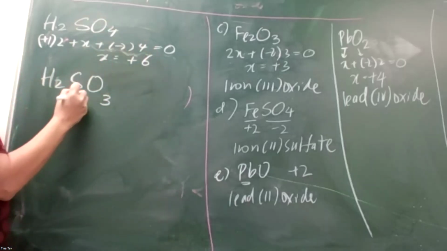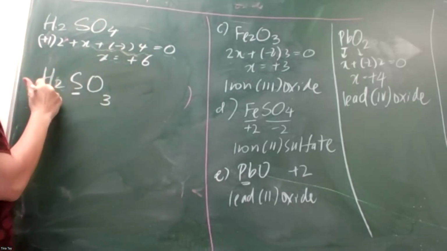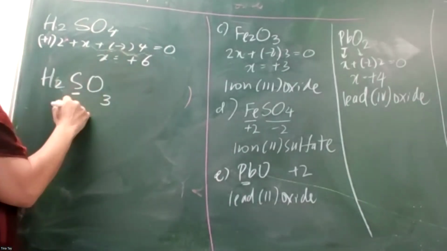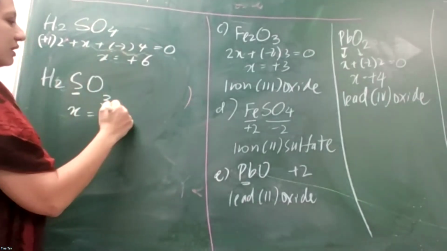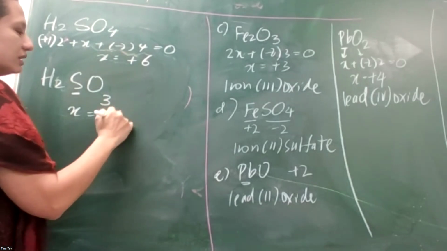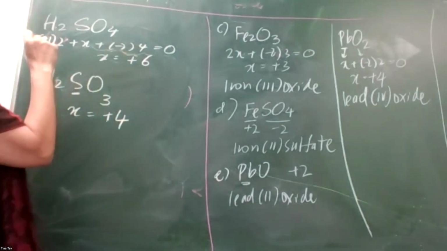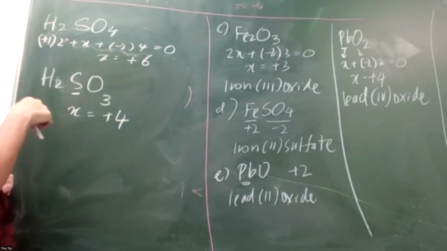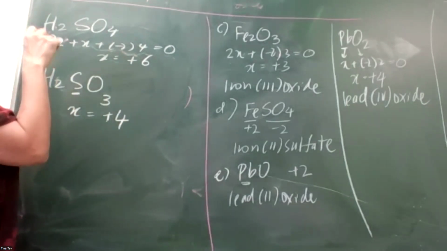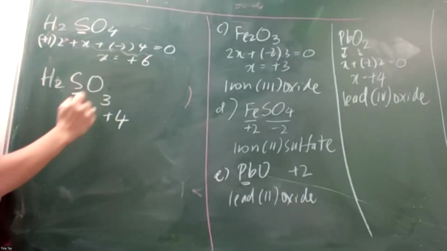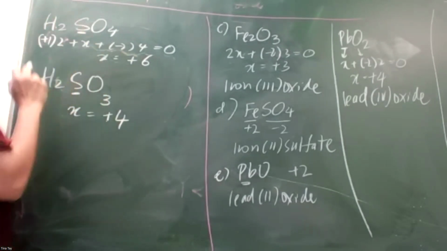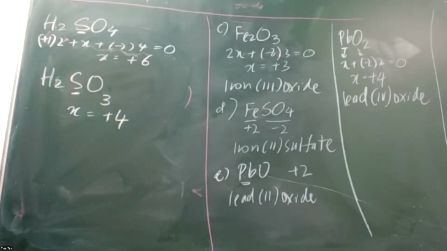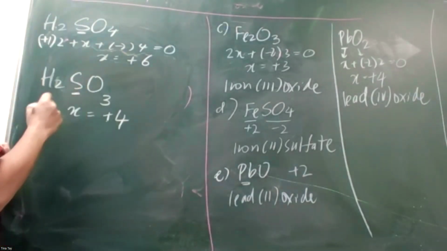And then this one is the same thing, x equals positive 4, right? So there's no special name. They call it sulfuric and sulfurous acid. But what I want to emphasize is there is also oxidation state difference in sulfur, in non-metals, not just transition metals. Okay, is it the last? Yes.